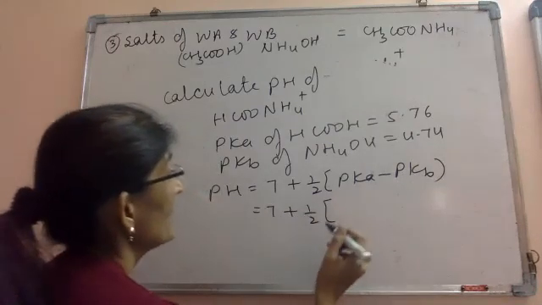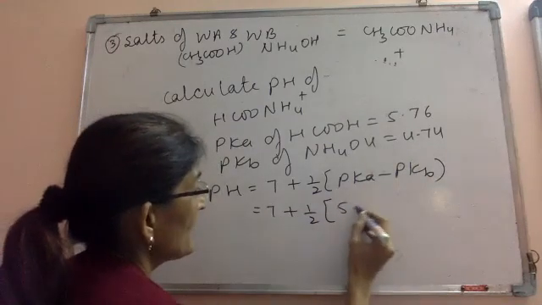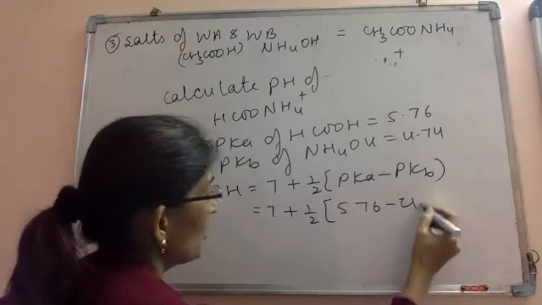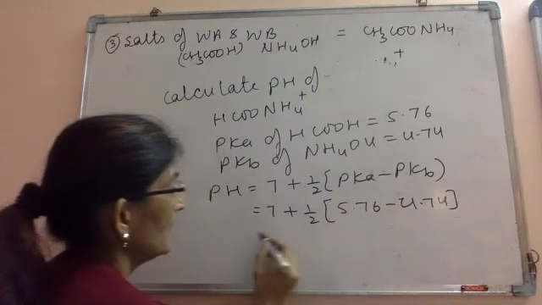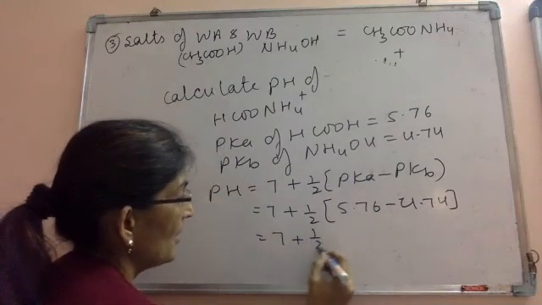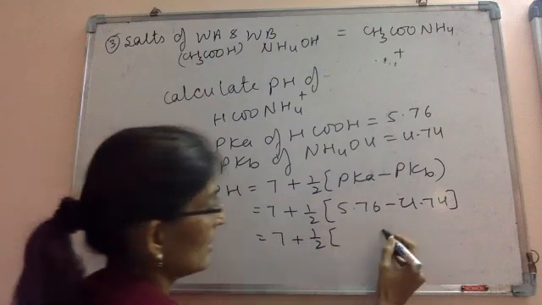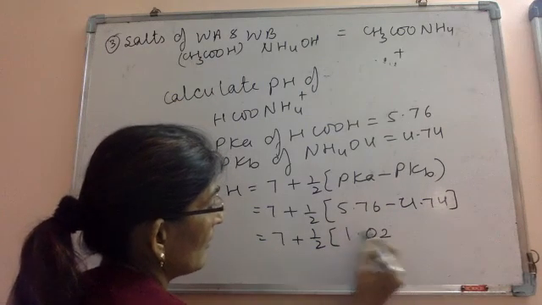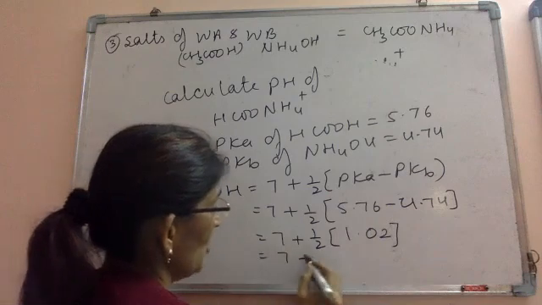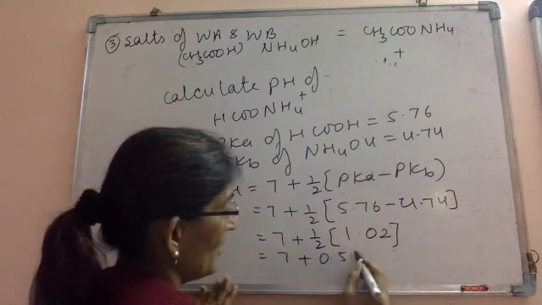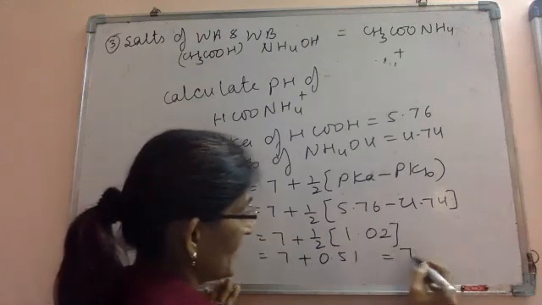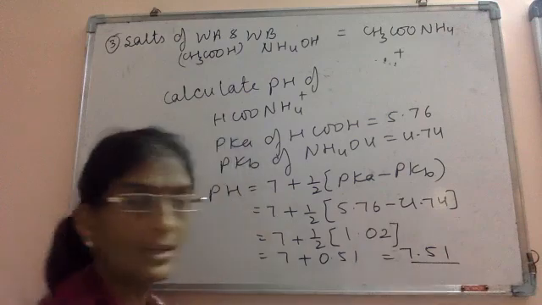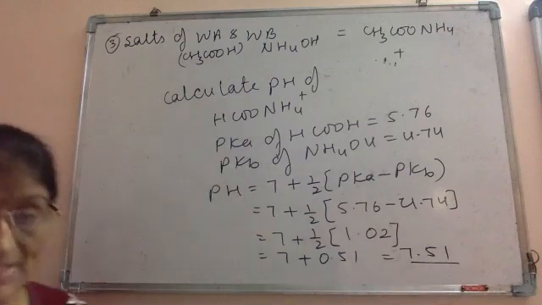What is pKa? 5.76, and pKb 4.74. Take half of the difference, subtract: 1.02, so it's 7 plus 0.51. So the answer will be 7.51. 7.51 means more than 7.